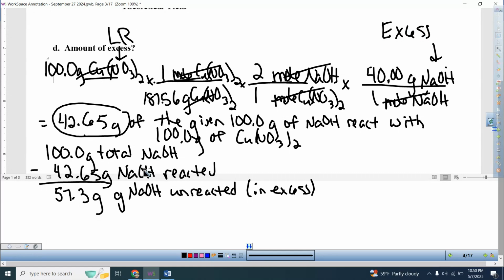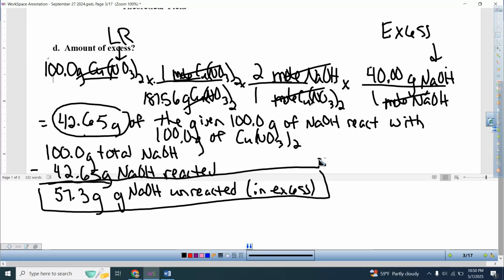And that's going to tell us how much of our excess reacted with the limiting. Subtract it from the total amount of your excess reactant provided, and that's going to tell you how much is in excess, how much was not used up.